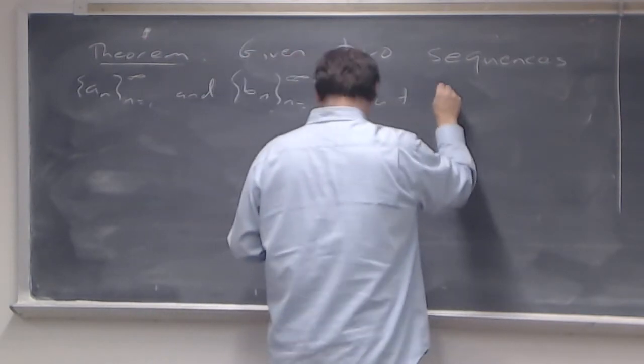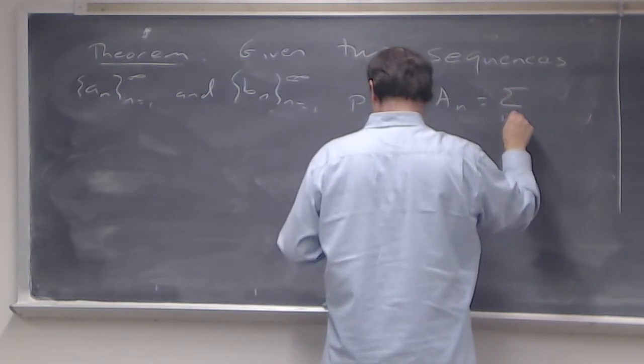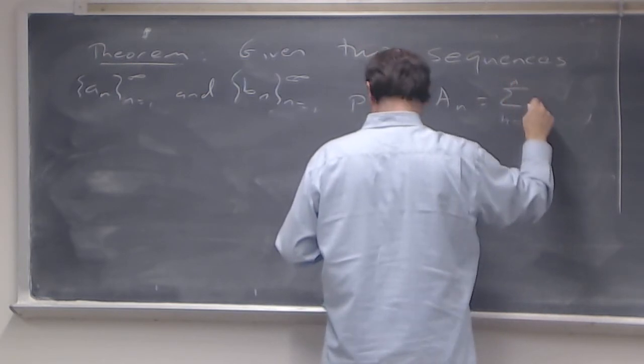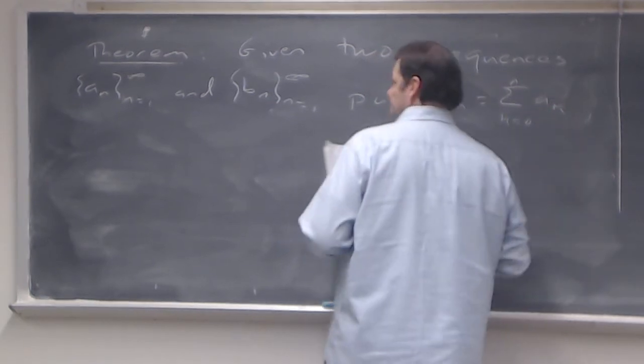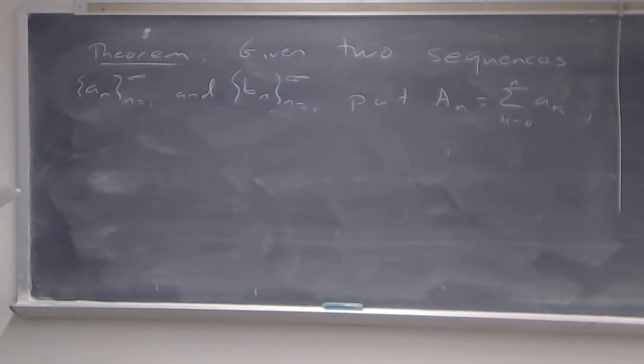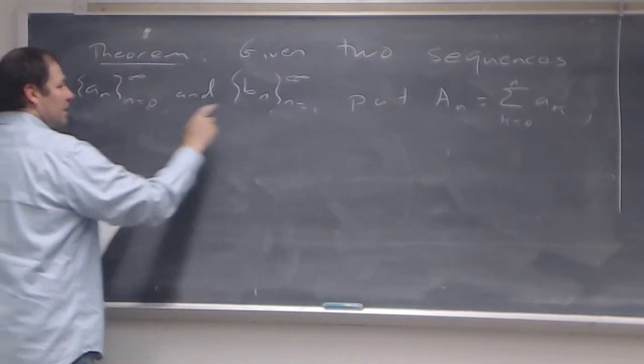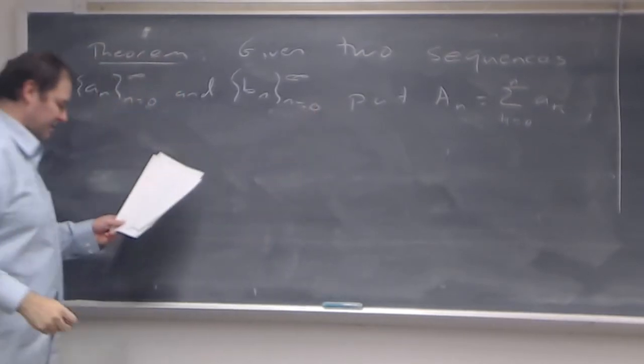put big A sub n equal to the sum, if you will, as k runs from 0 to n of a sub k. So here, I didn't denote this correctly. This should be n running from 0.